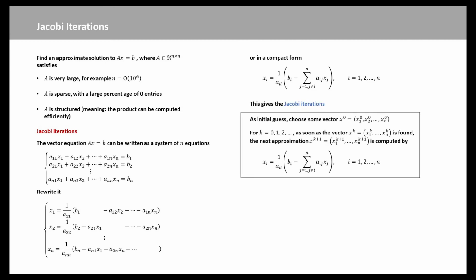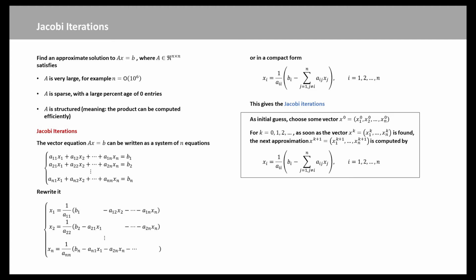Now we look at the Jacobi iteration. You need to have a starting point, an initial vector x0. We use the upper index to indicate the number of iteration. x0 is a vector with n components, transposed, so it is a column vector, and then we go through iterations k equals 0, 1, 2, all the way until the stop criteria is met.